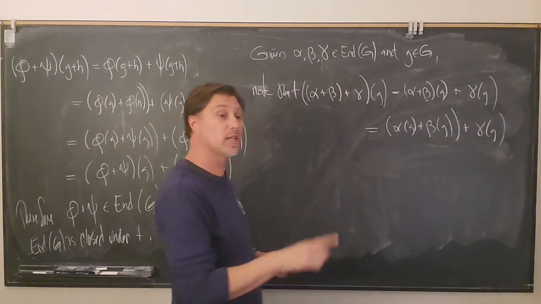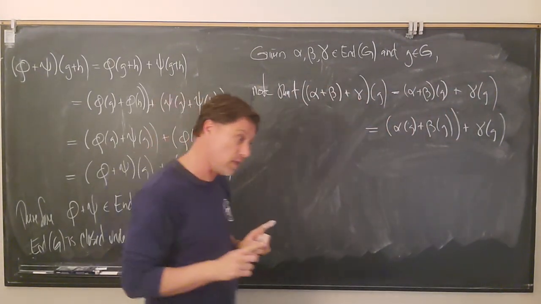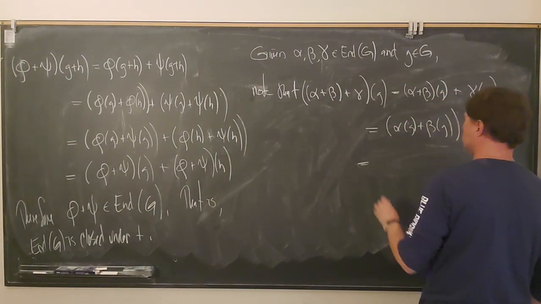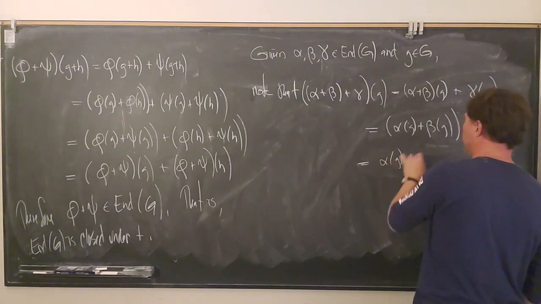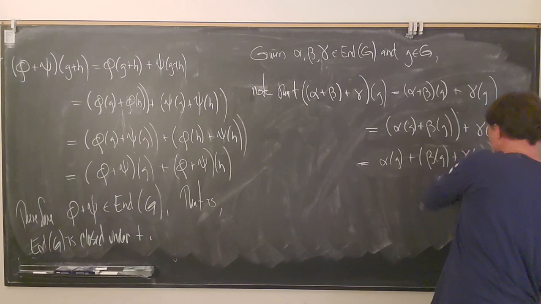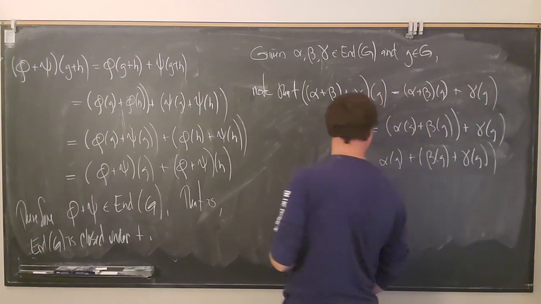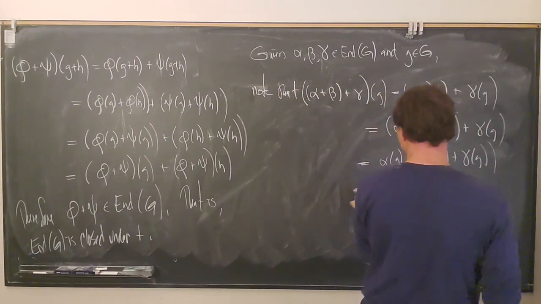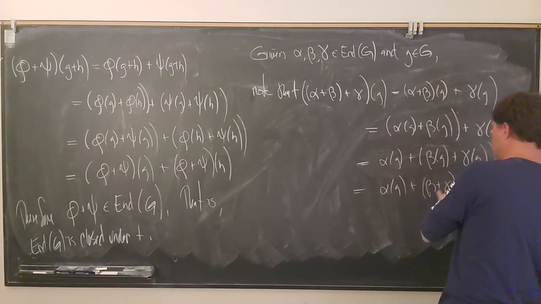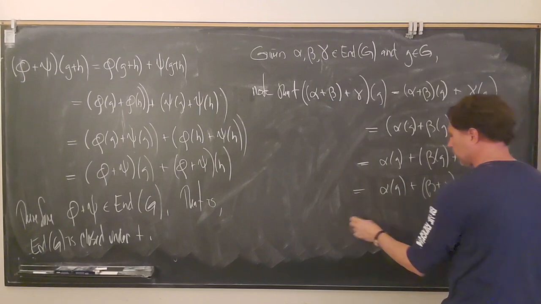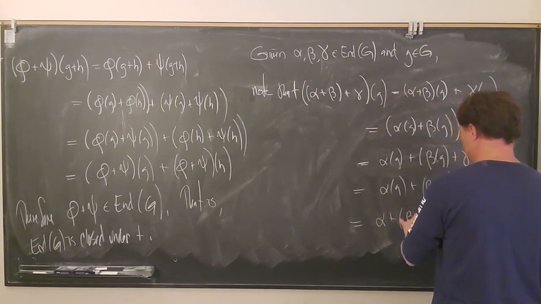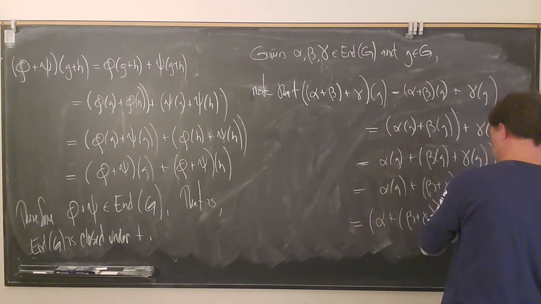Now I can use associativity of plus inside G. So this is alpha of g plus, beta of g plus gamma of g. And then I can put everything back, so this is alpha of g plus beta plus gamma of g. And then that is going to be alpha plus parentheses beta plus gamma of g.